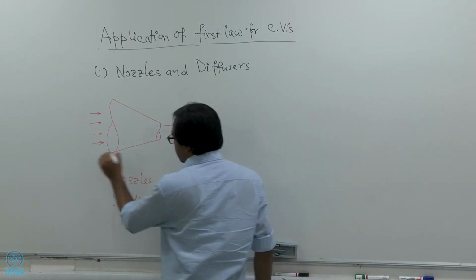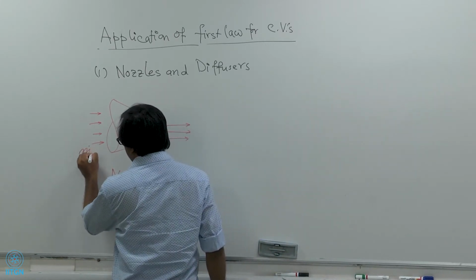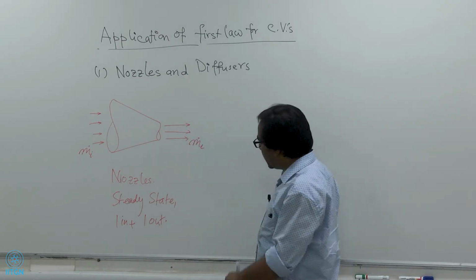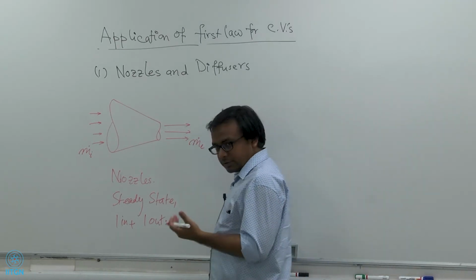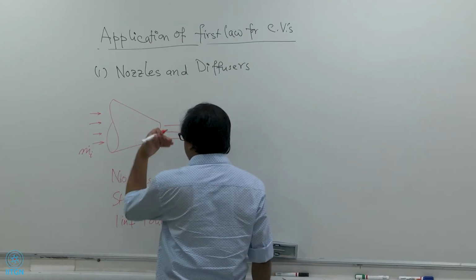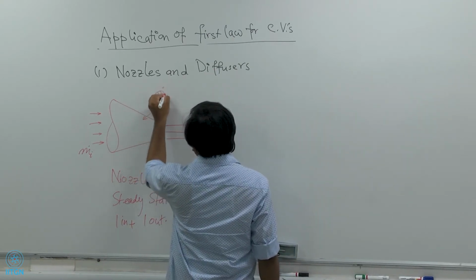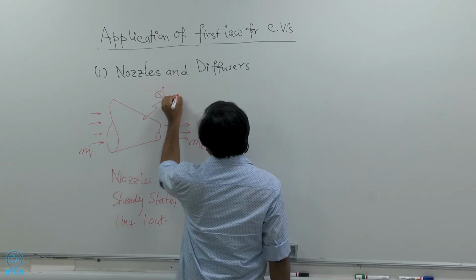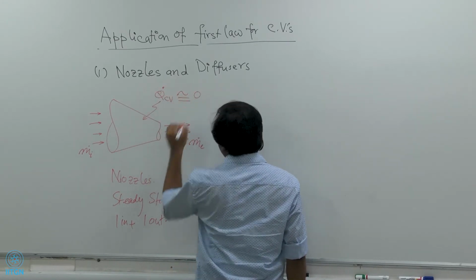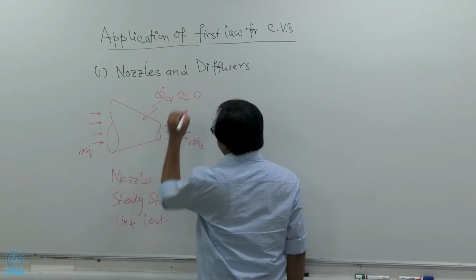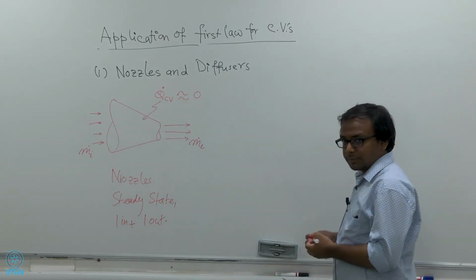Okay. So, let me call this m dot I, this can be m dot E. In a nozzle the processes are usually so fast and the nozzles well insulated, that the rate of heat transfer is approximately 0.